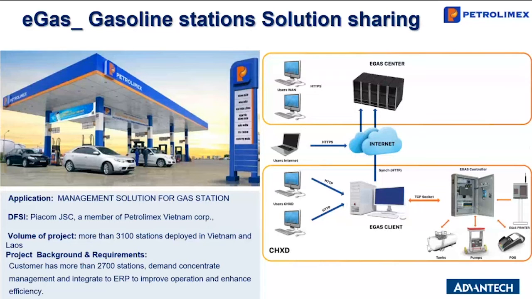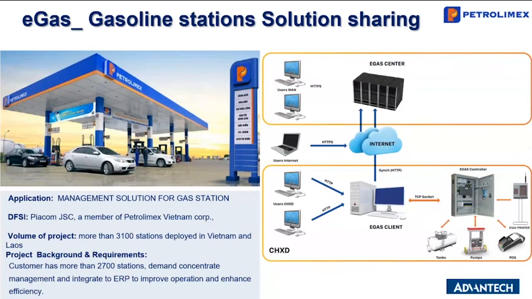PLCom is a member of Petrolimex Vietnam Corporation. Overall, in the project PLCom has deployed for their own stations and some other customers, until now they have deployed almost 3,100 stations in Vietnam and Laos.